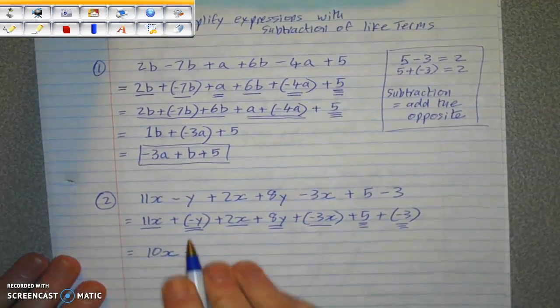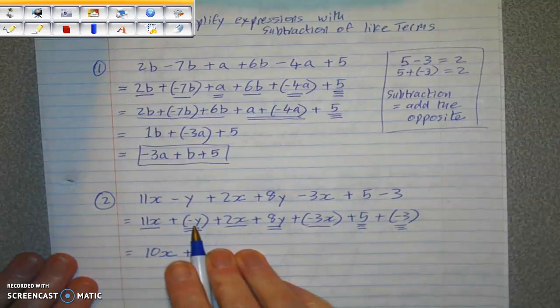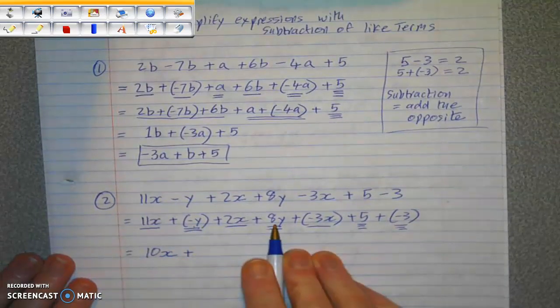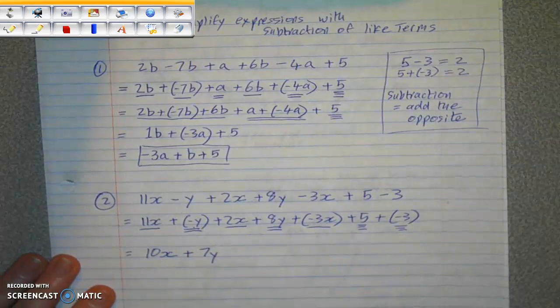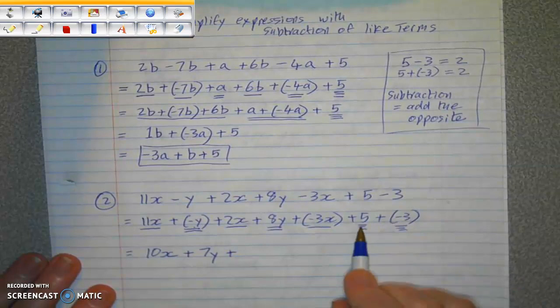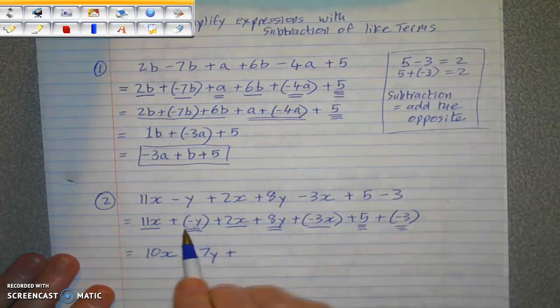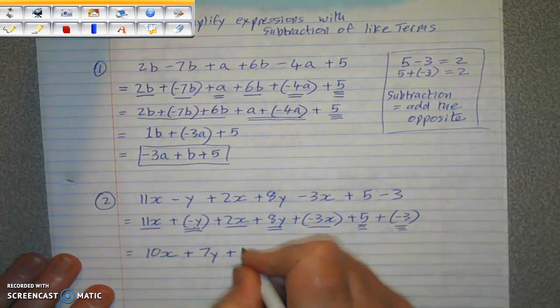Plus negative 1. So negative y, that's negative 1 times y. So that's negative 1 plus 8 is 7. And then I have my constant terms. 5 plus negative 3 is 2.